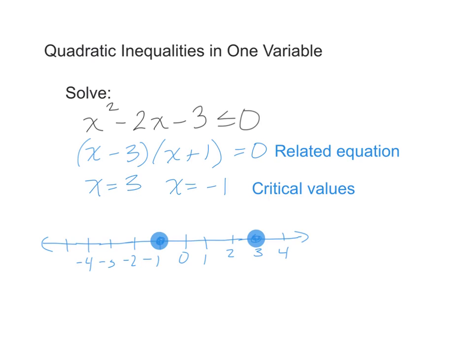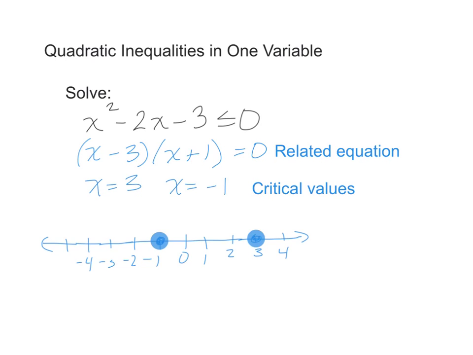What we need to decide now is, where are the solutions? Is it these numbers down here, or is it the stuff in between, or is it these numbers out here? It's probably going to be either the stuff in between or both of these two other regions. But those critical values are the numbers that define the regions.